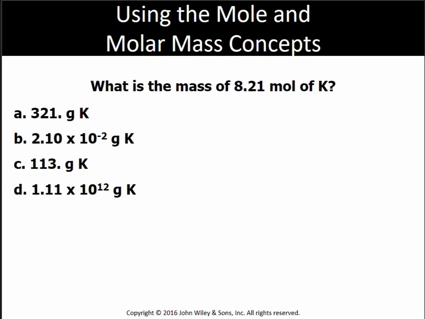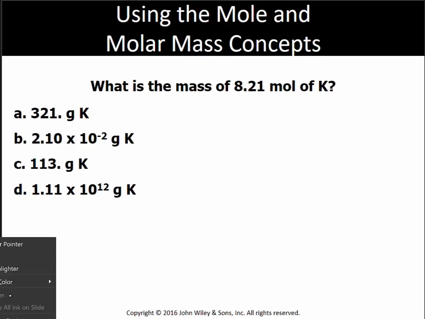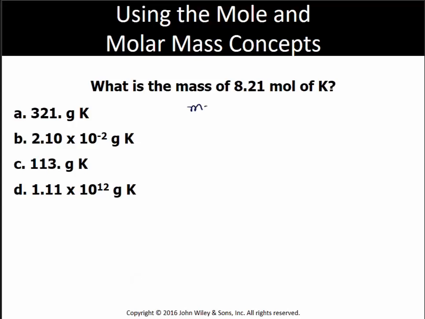All right, let's look at another example. What's the mass of 8.21 moles of potassium? So moles of potassium is given to us, and from moles of potassium, we want to find the mass of potassium. So 8.21 moles of potassium, and in order to go from moles to mass, we're gonna have to use the molar mass of potassium.